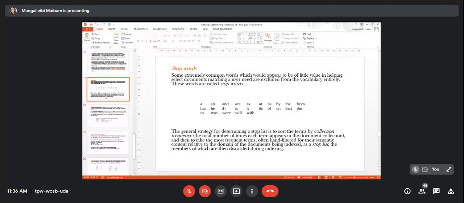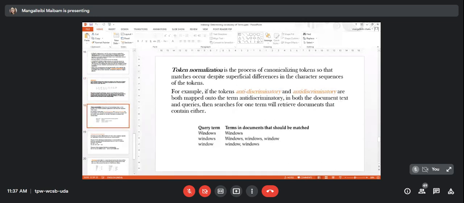Those are the terms which appear in the document, but are of little value in retrieving our relevant documents. Examples you have seen yesterday: and, is, or, are, was, where. All those are examples of stop words.